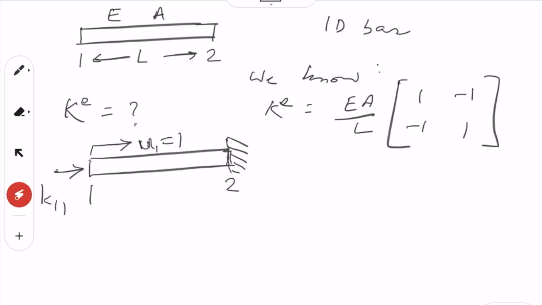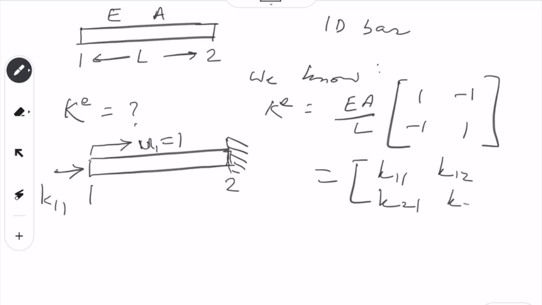So the matrix is K11, K12, K21, K22. That's what it is, right?